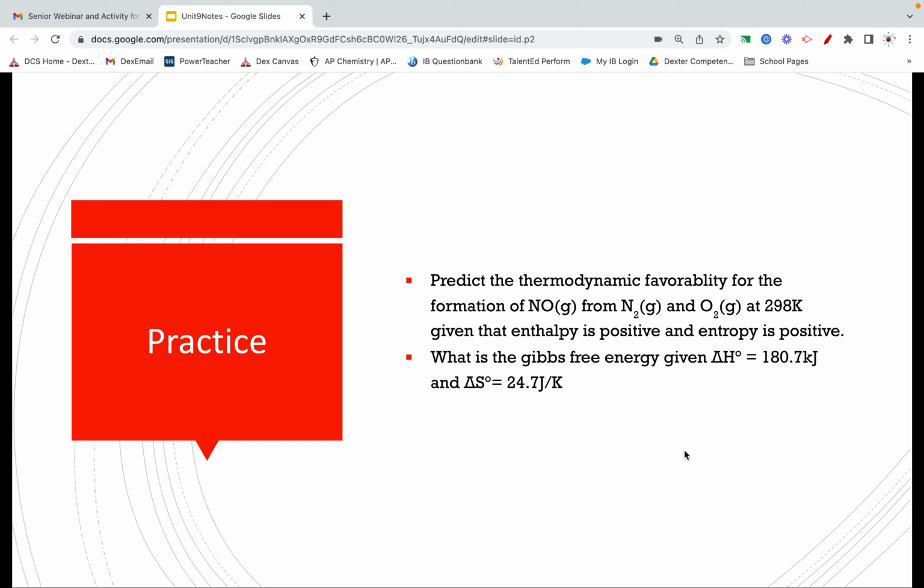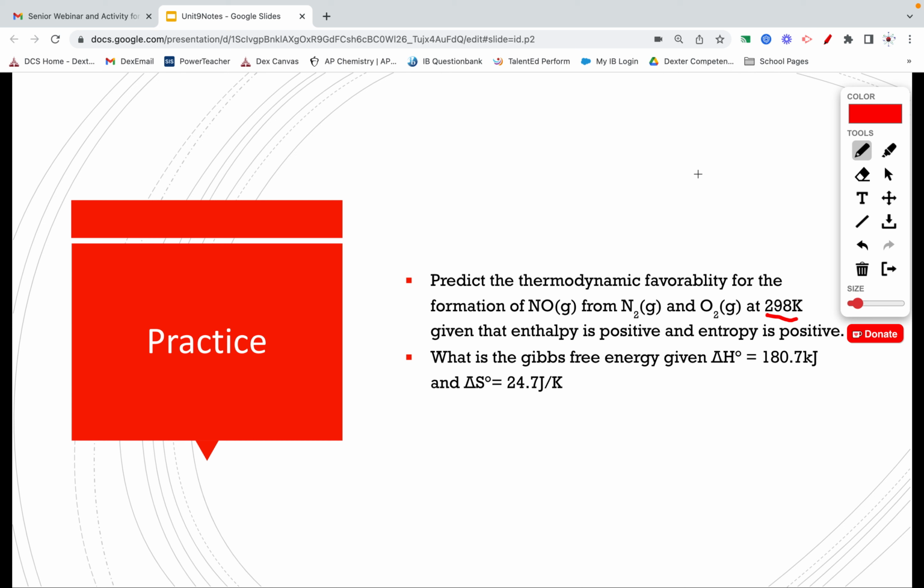It says predict the thermodynamic favorability for the formation of nitric oxide from nitrogen and oxygen at 298 K, given that the enthalpy is positive and entropy is positive. So 298 would be considered a low temperature. That's room temperature, not a very high temperature.